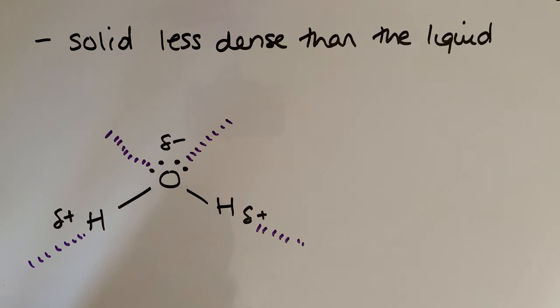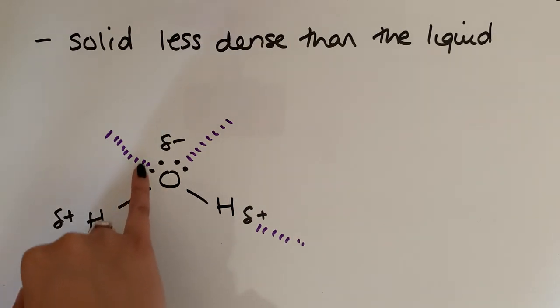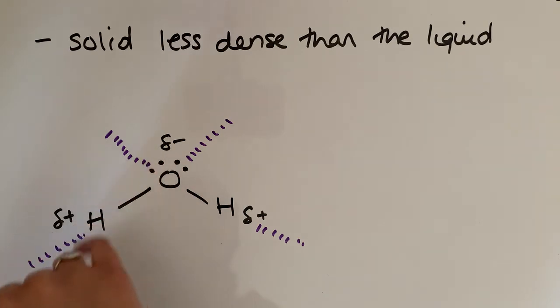And in the solid form, as we know, that's when we have the most intermolecular forces. So that means in that case, water is going to make the maximum number of hydrogen bonds that it can. Okay, if we look at our oxygen here, once it's taken part in hydrogen bonding, if we look at the central atom, oxygen has 4 bonding pairs. So now these are not lone pairs, they're taking part in bonds.